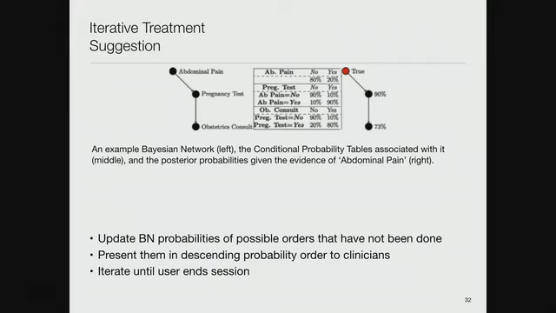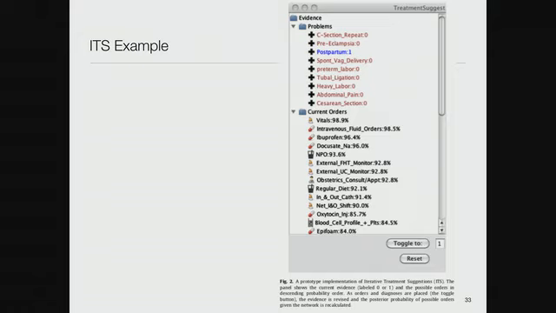Then you do Bayesian inference to figure out the probabilities of the unobserved nodes, and you recommend the highest probability interventions that have not yet been done. It's a little bit like, if you remember, we talked about sequential diagnosis. This is a little bit in that spirit, but it's a much more complicated Bayesian network model rather than a naive Bayes model. And so the interface looks like this.